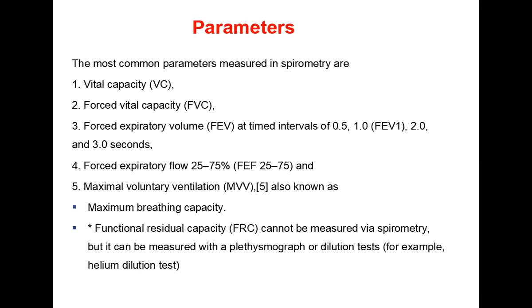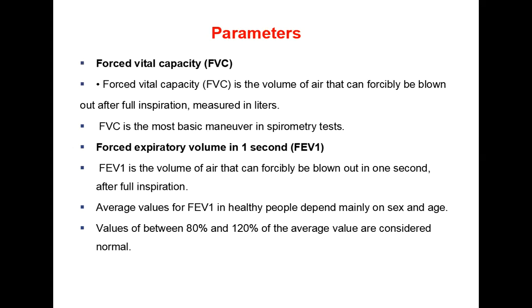Forced vital capacity is the volume of air that can be forcibly blown out after a full inspiration, measured in liters. The forced vital capacity is the most basic maneuver in a spirometry test.